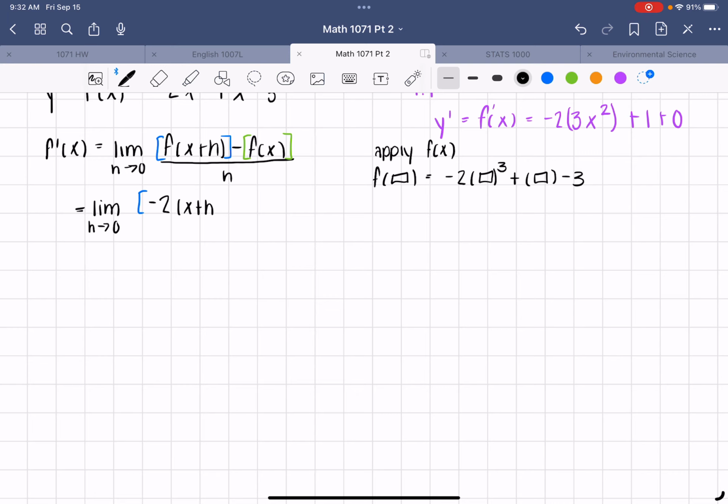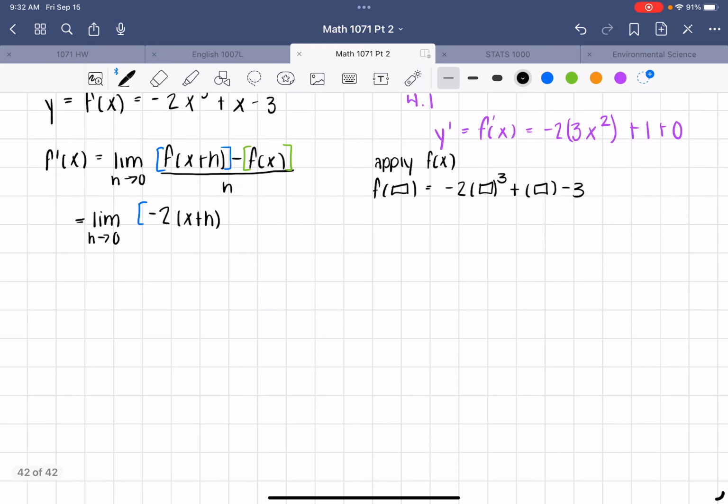All of that is the blue bracket. And now you subtract the green bracket, which is just f of x. So in this case, the variable is the same thing as the dummy. If you put the x into the box, you get the same -2 x cubed plus x minus 3.